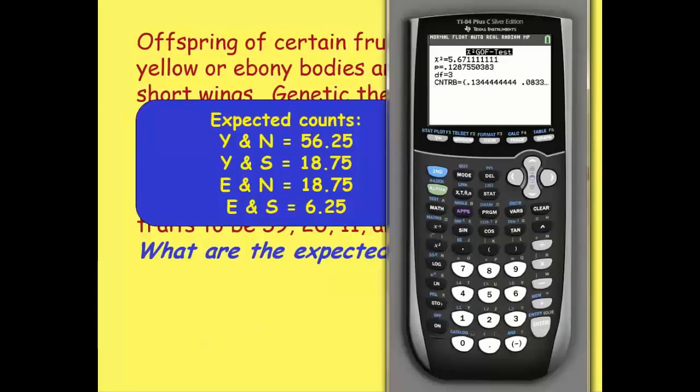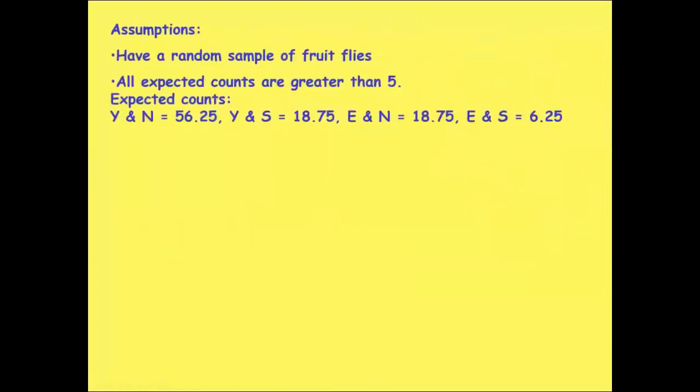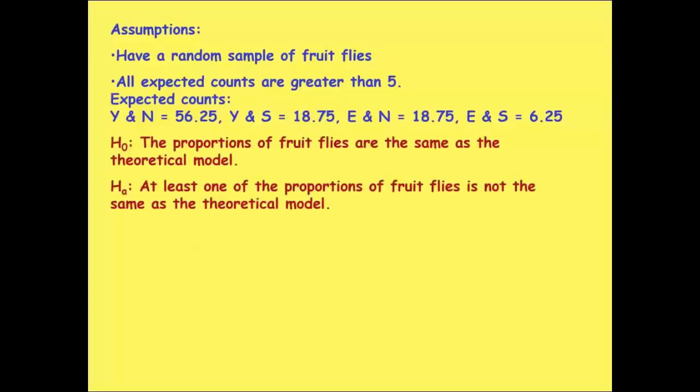So let's go back and finish up the formal write-up with the assumptions and setting up the hypotheses. Let's start with our assumptions. We have a random sample. We clearly have expected counts that are greater than 5, so we just want to list out all those expected counts. Our null statement is that the proportions of fruit flies are the same as the theoretical, and our alternative is that at least one proportion of the fruit flies is not the same as the theoretical model.